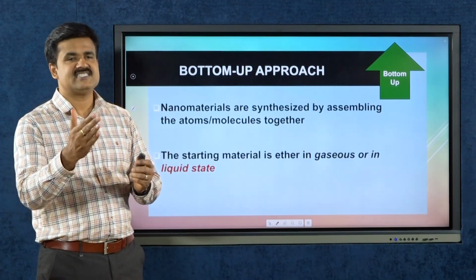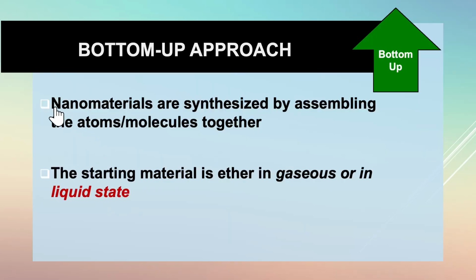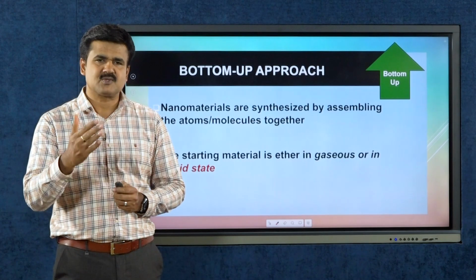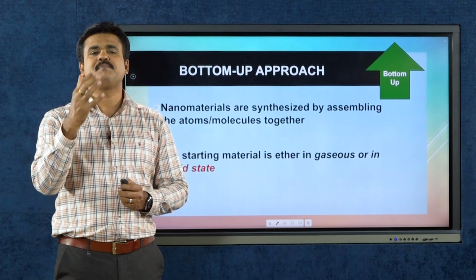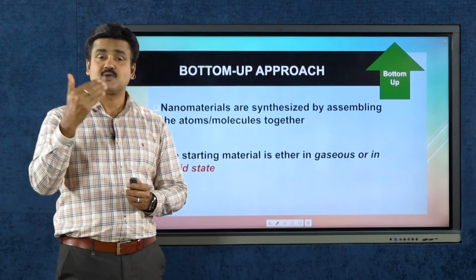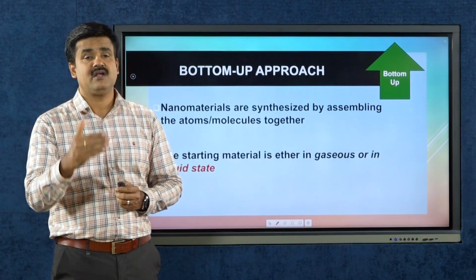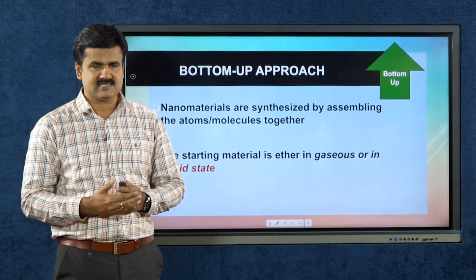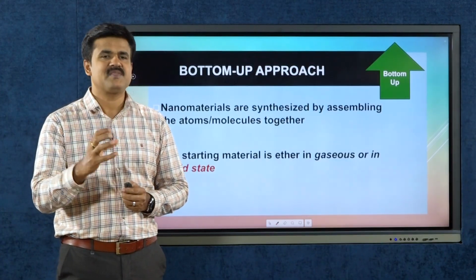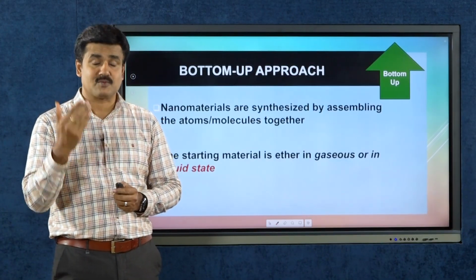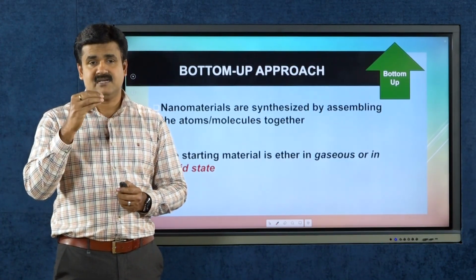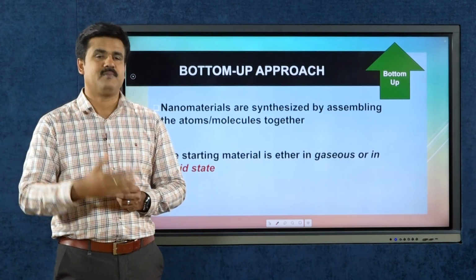As I mentioned just earlier, nanomaterials here are synthesized by assembling small particles like atoms or molecules together. You have to keep in mind the fact that atoms or molecules are very small when compared with the nanoparticles. So, we have to assemble the starting materials, atoms or molecules, to get somewhat bigger sized nanoparticles.